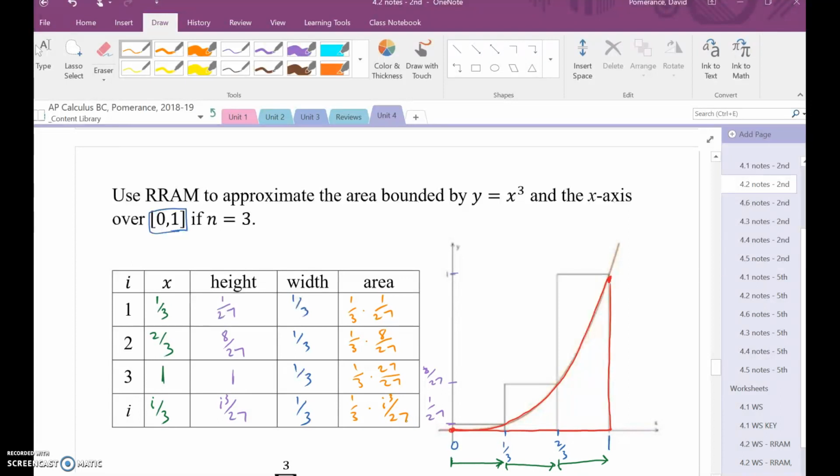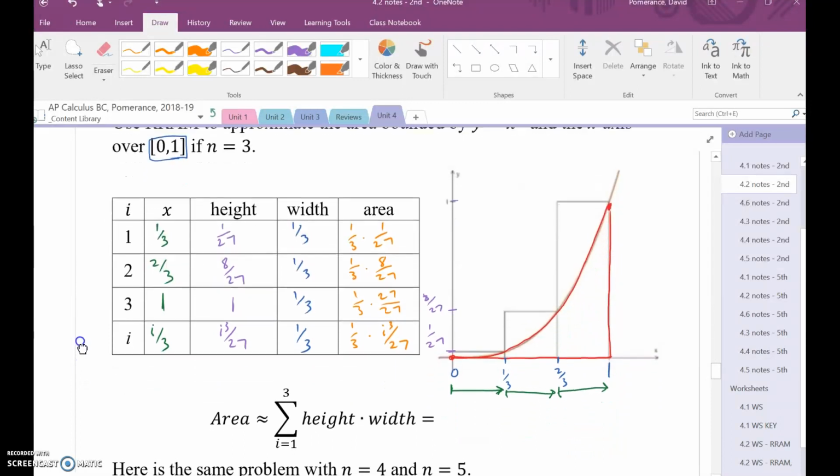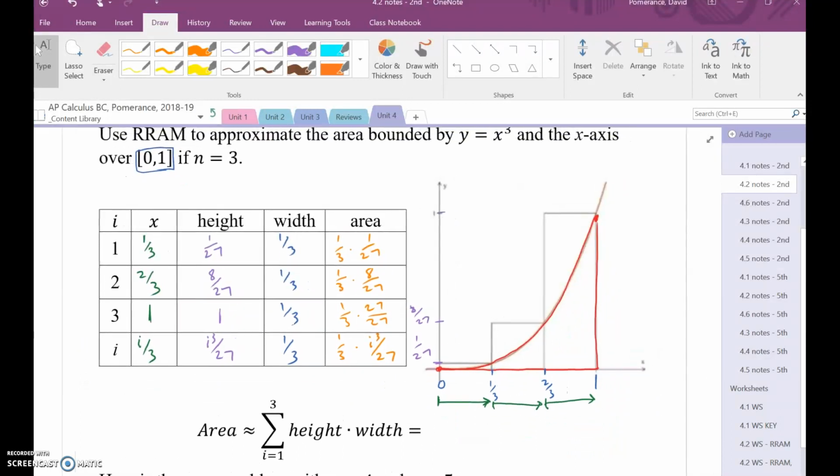So in order to find the approximate area of the region under the curve, we just add up our 3 rectangles. And our 3 rectangles are found using that generic ith rectangle. We've got the sum from i equals 1 to 3, in this case, of 1/3 times i³/27.